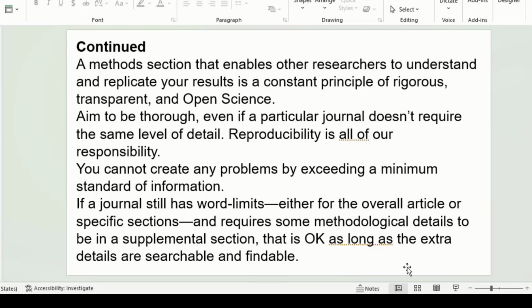Now, that is okay as long as the extra details are researchable and findable. Don't go about adding stories that you didn't research. Then you'll be like the people that I told you about yesterday in an accident: you see an accident, you take pictures, and you want the whole world to know that you were the first person to take pictures, and you relate a story.